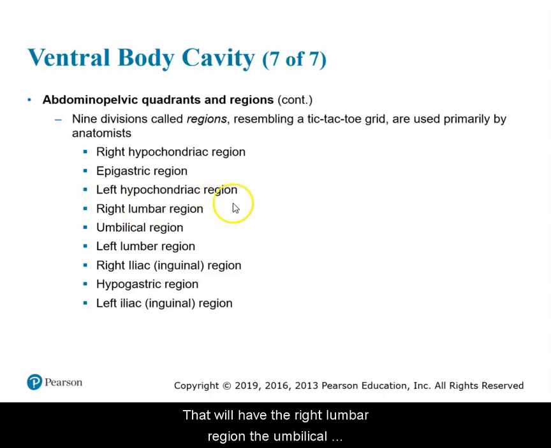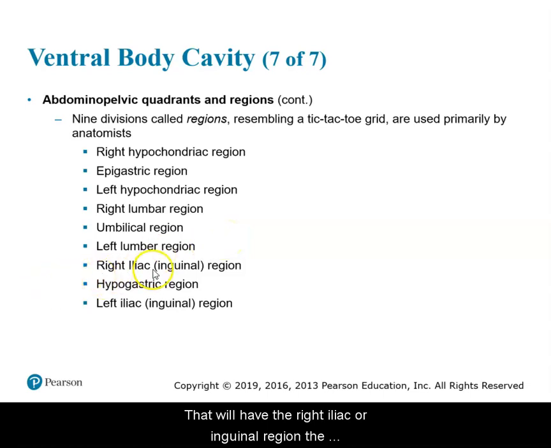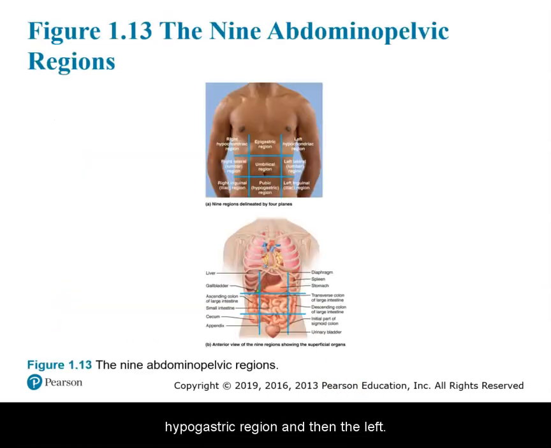Below that, the right lumbar region, the umbilical region, and the left lumbar region. And below that, the right iliac or inguinal region, the hypogastric region, and the left iliac or inguinal region. In this diagram, we can see the different abdominopelvic regions.